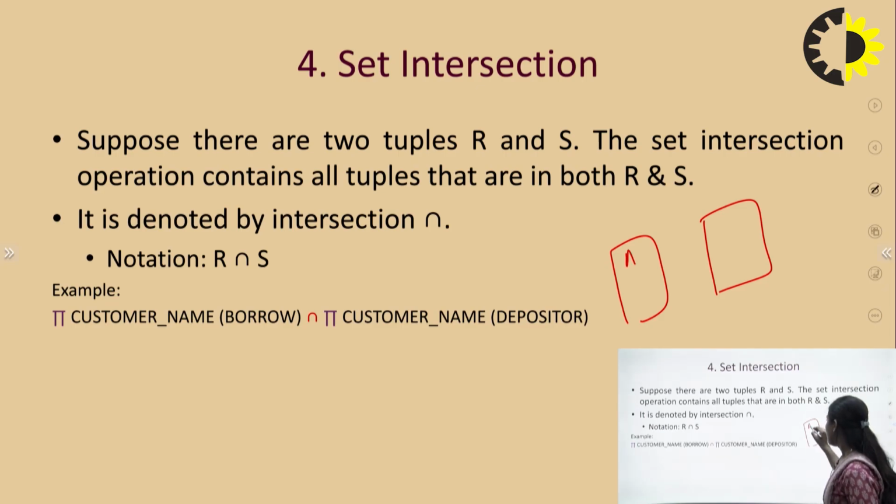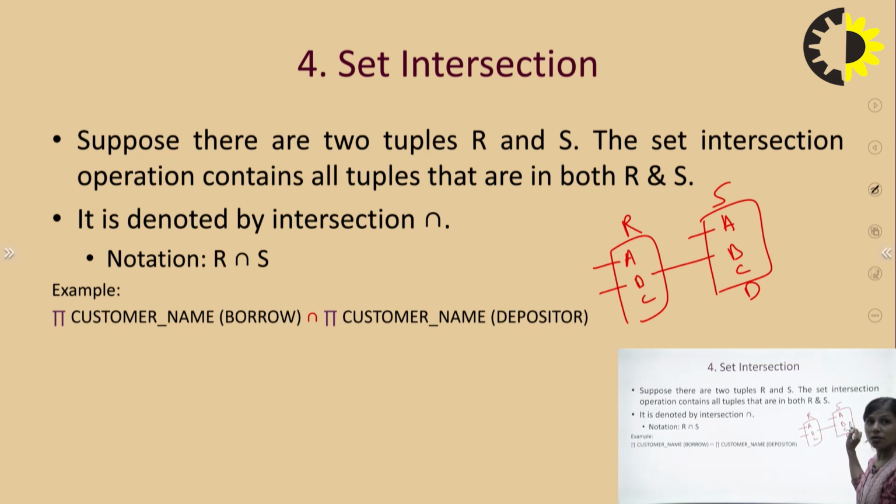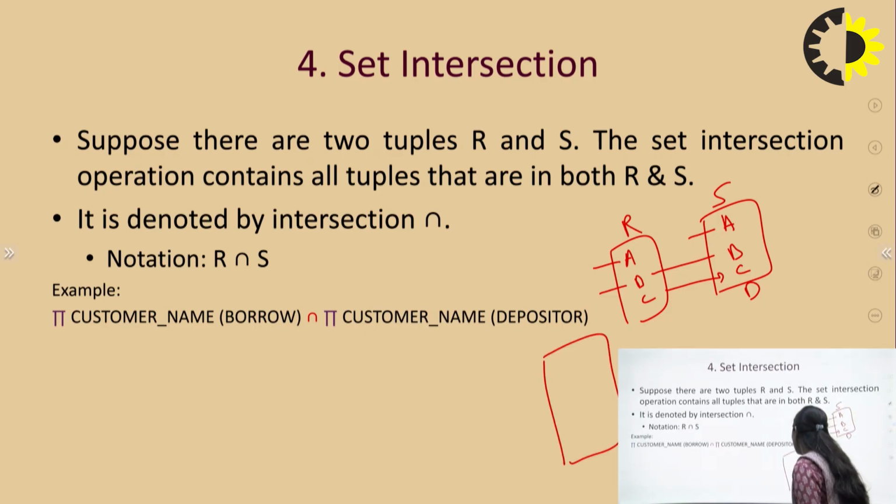For example, we have A, B, C in one table and A, B, C and D in the other. So this is the R table and this is the S table. But in the output, we will get the data which is contained in both tables. A is contained in this table also, B is also contained in this table, and C is contained in this table. But D is not in the R table. So as an output, we will get only three values, that is A, B and C. So this is how the values come as an output.